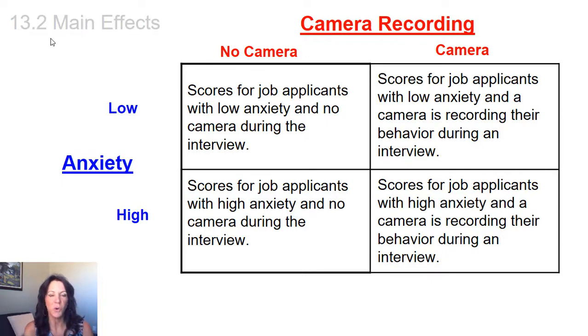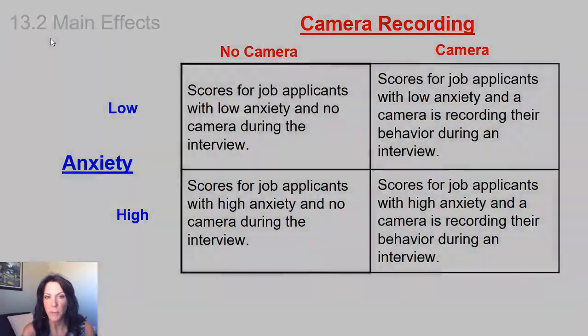So let's just review. Factor A is anxiety with two levels, low and high. Factor B is camera recording with two levels, no camera and camera. And the dependent variable is how well they did in the job interview on some sort of a measure. So what a 2x2 design gives us then is four different cells or four different groups of people.